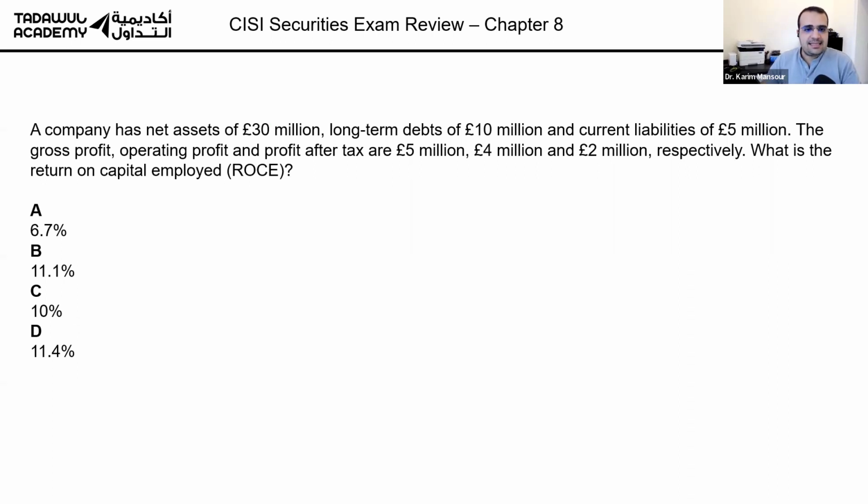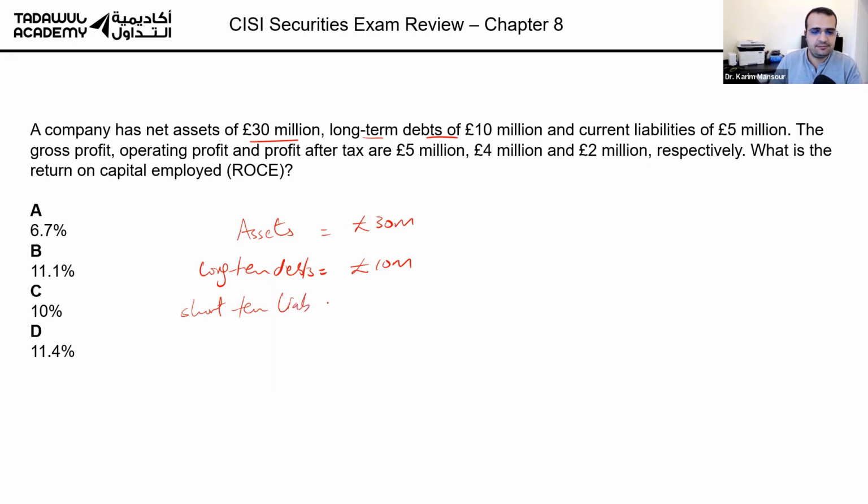A company has assets of 30 million, long-term debts of 10 million, and short-term debts or current liabilities, short-term liabilities of 5 million.